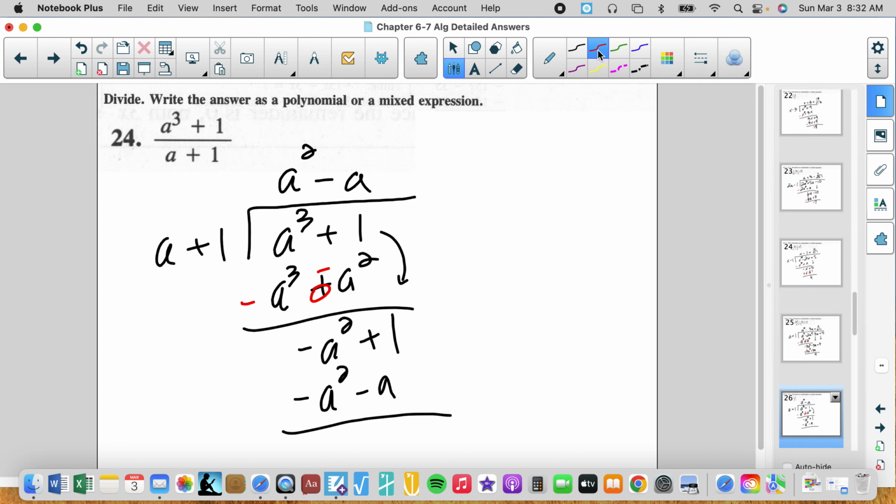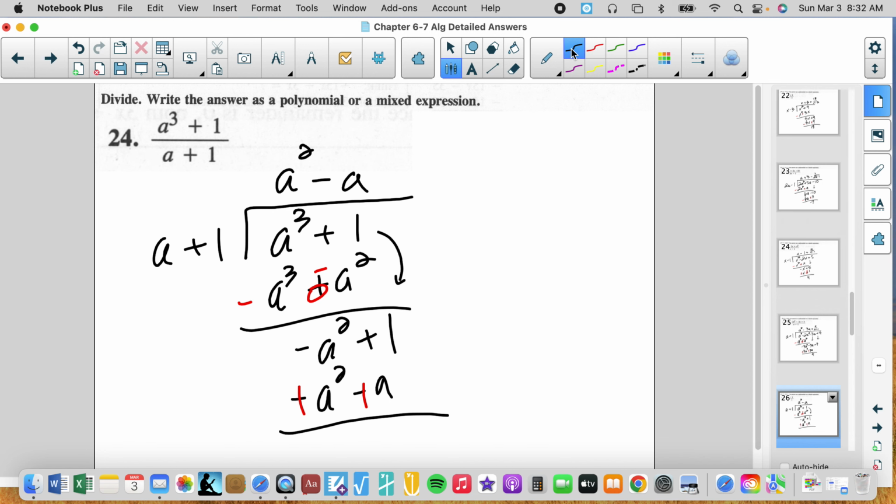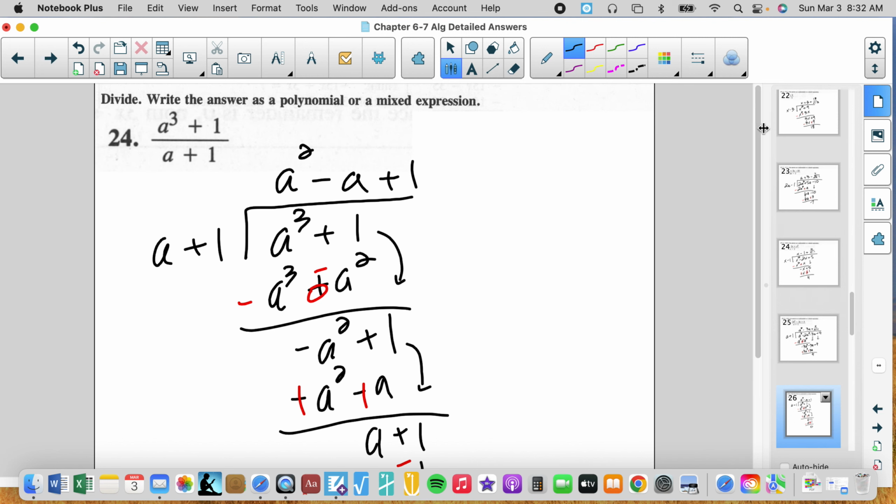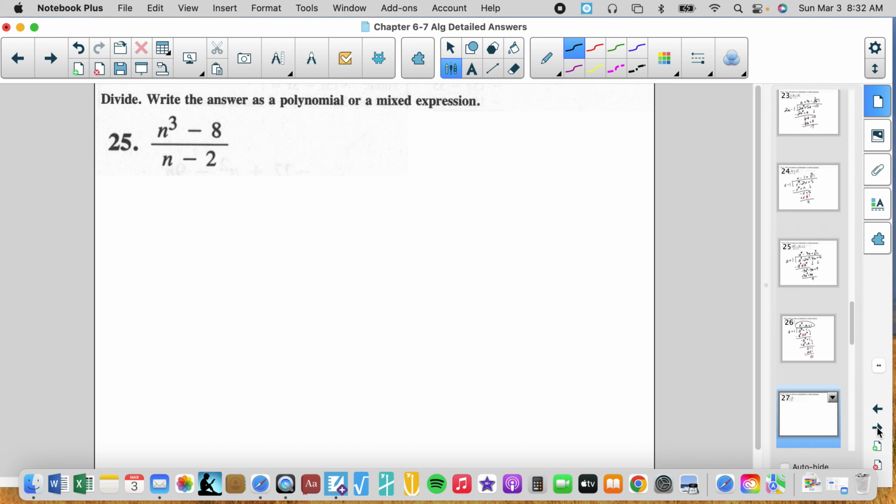Change the signs. That gives us a plus 1. Bring down. And that's going to be plus 1. Hey! And we're going to get a plus 1. Change the signs. And we get 0. So that actually worked. Nice. I like that. I like it a lot.